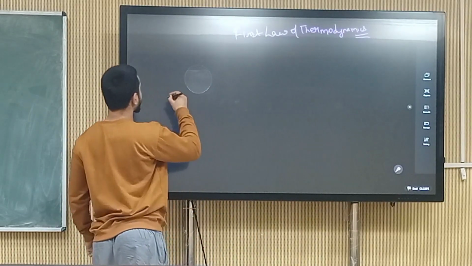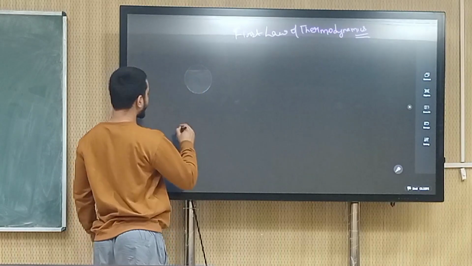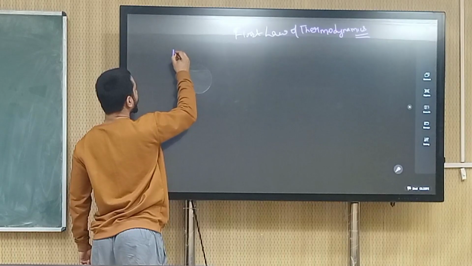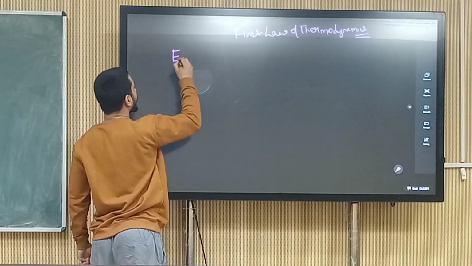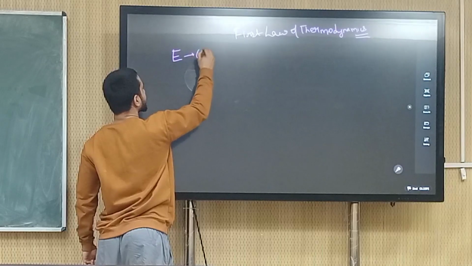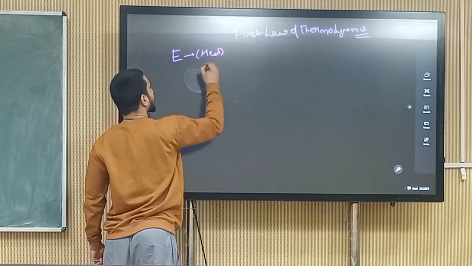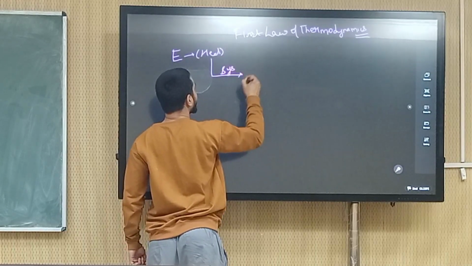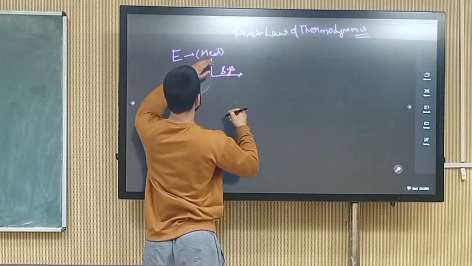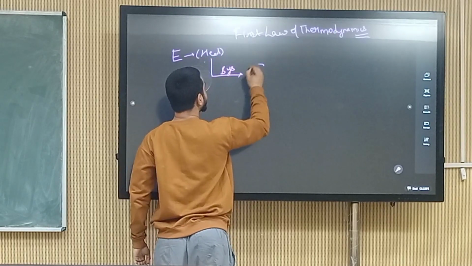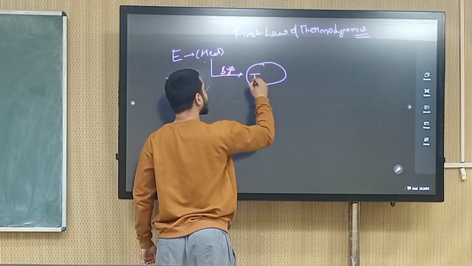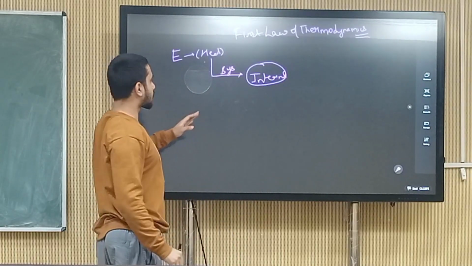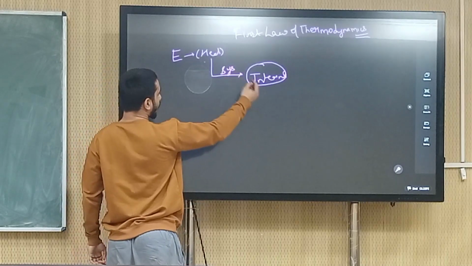In the first law of thermodynamics, it states that suppose we have transferred an amount of energy E. This is the heat which is supplied to the system. The amount of heat supplied will be equal to the change in the internal energy of the system, so this will increase the internal energy of the system.